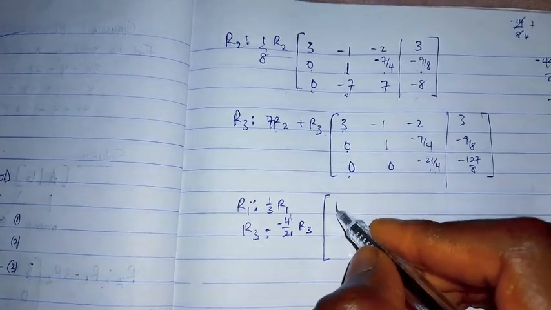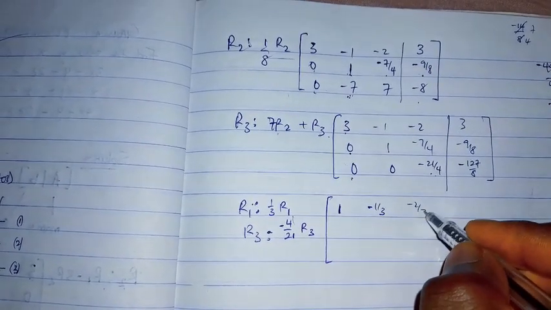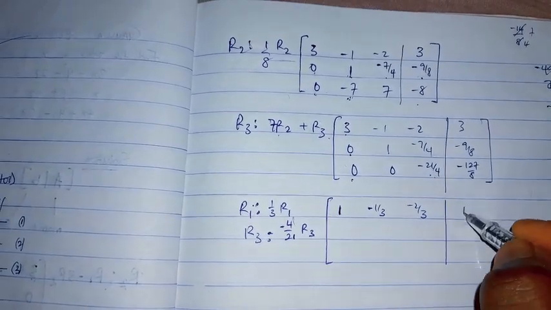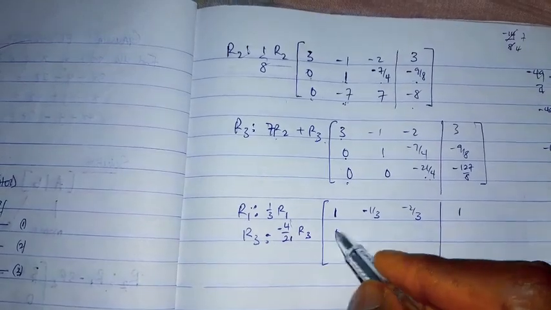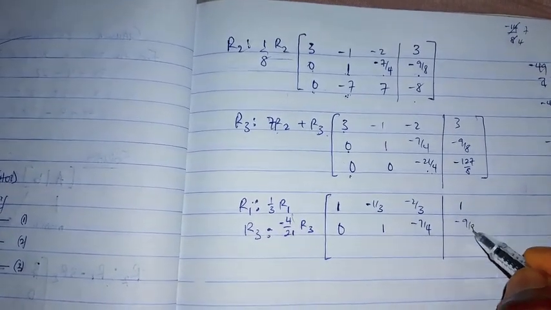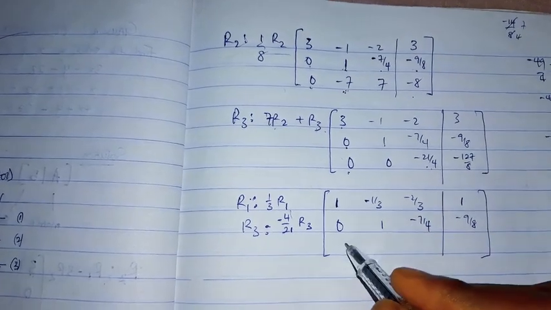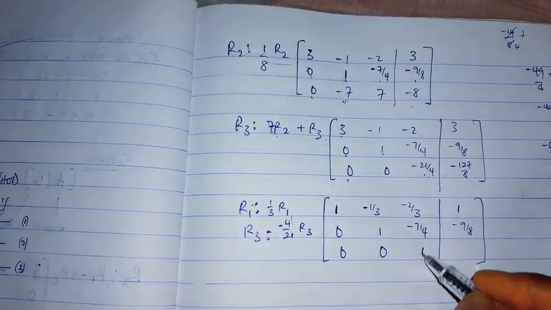So this is 1. This is minus 1 over 3. This is minus 2 over 3. This is 1, because 3 over 3 is 1. This is not changing. Minus 9 over 8. This is 0, because anything that is 0 is 0. This is 0. This is plus 1.